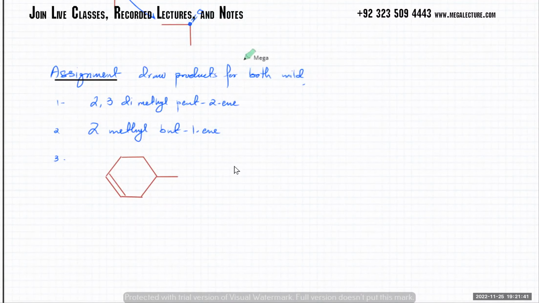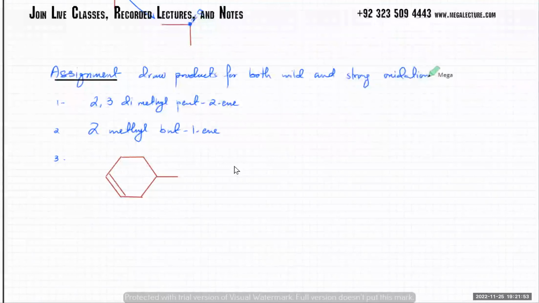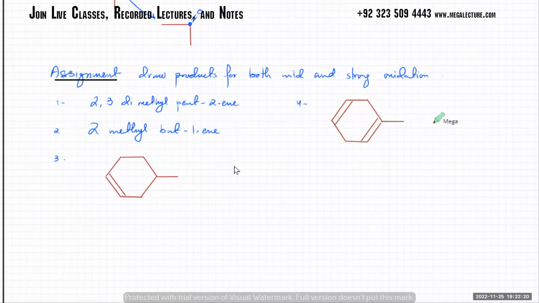So for both mild and strong oxidation. अच्छा number 4 वो है. अच्छा this is number 4. ठीक है. Tell me what the product is. ठीक है. अच्छा मैं both double bonds will break in this case.